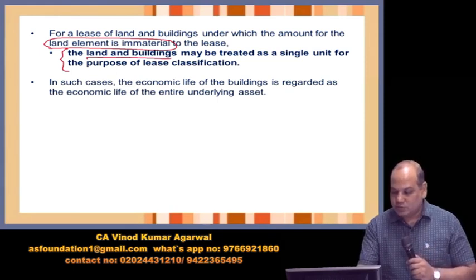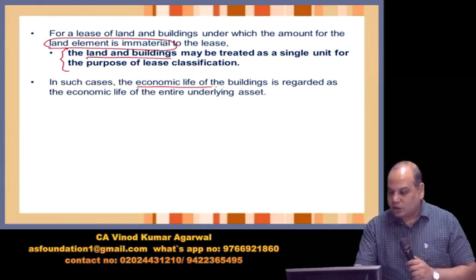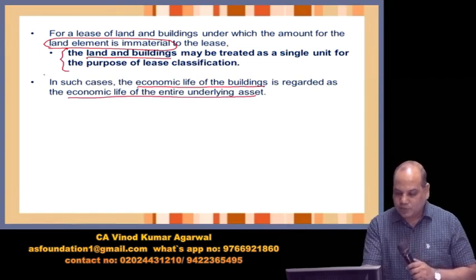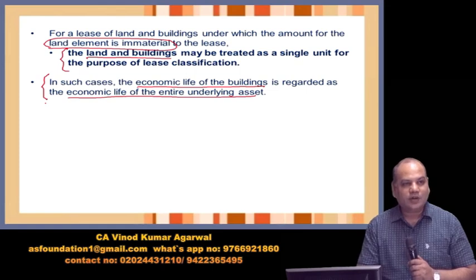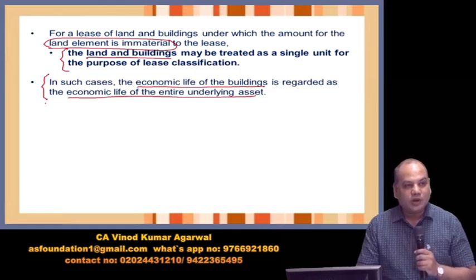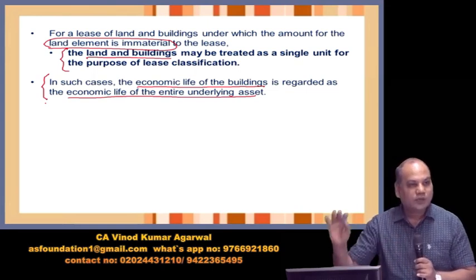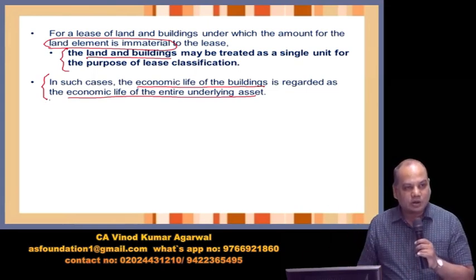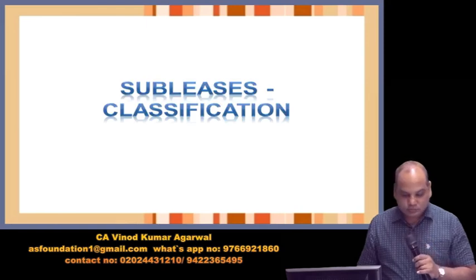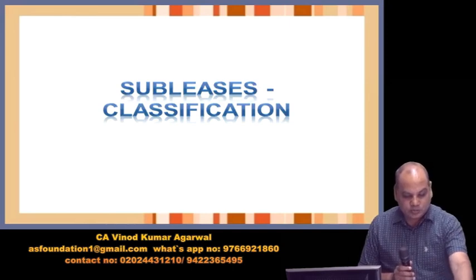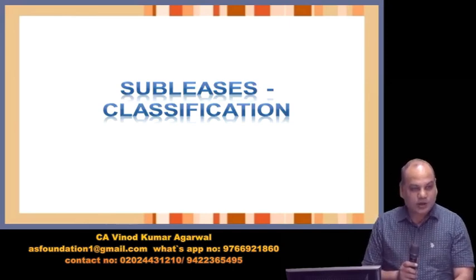In such cases, the economic life of the building will be regarded as economic life of the entire underlying asset. So if you want to apply whether it is a finance lease or operating lease, whose economic life will I take? I will take the economic life of building. You just merge the land into building if the land element is immaterial. So that is for lessor, splitting the lease of land and building.